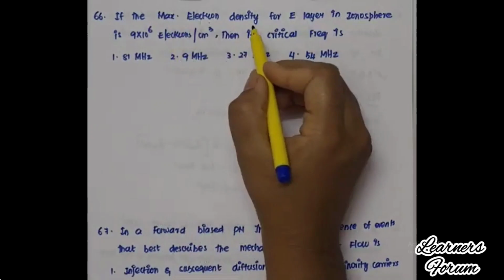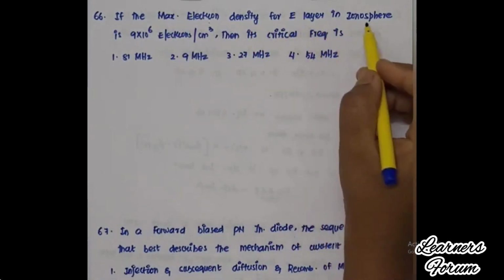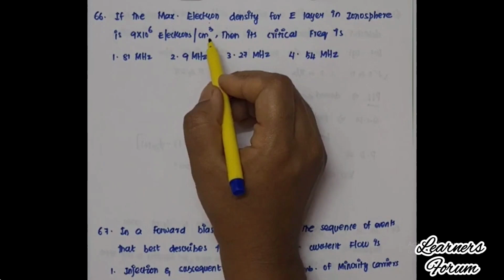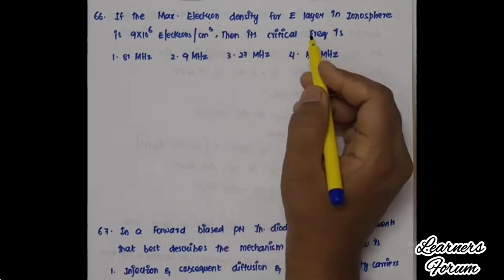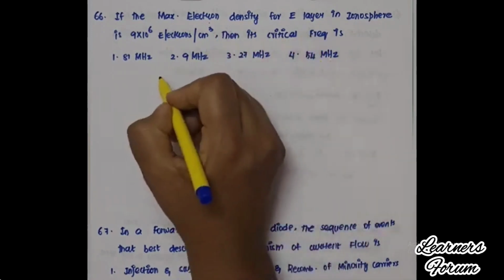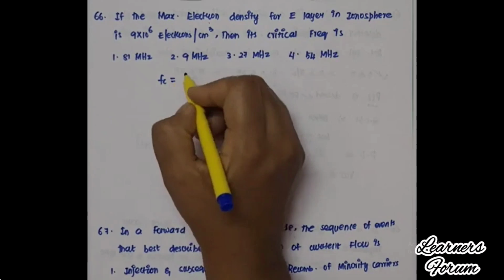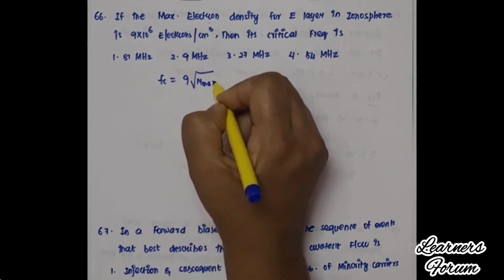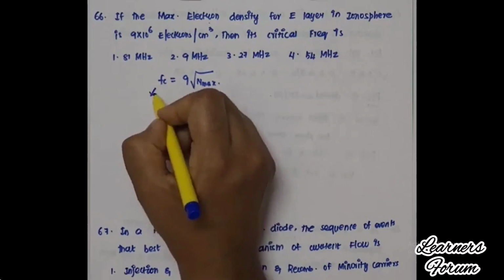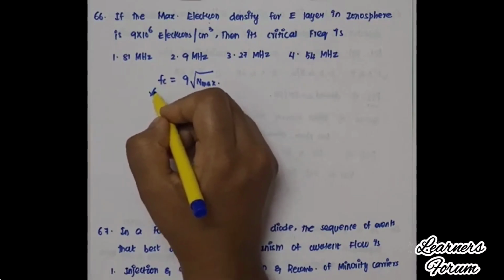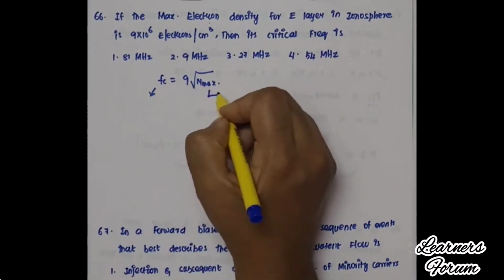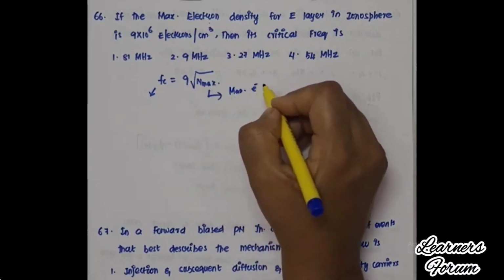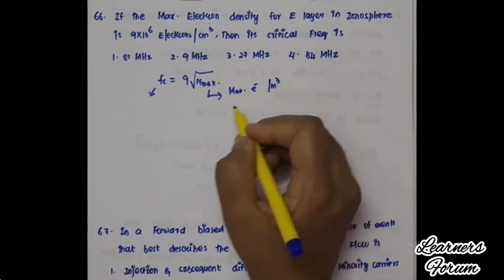Next question, if the maximum electron density for the E layer in the ionosphere is 9 into 10 power 6 electrons per centimeter cube, then its critical frequency is. So to solve this question, we need to know the equation, which is critical frequency equal to 9 into square root of N max. So fc is nothing but the critical frequency, and N max refers to maximum electrons per meter cube.